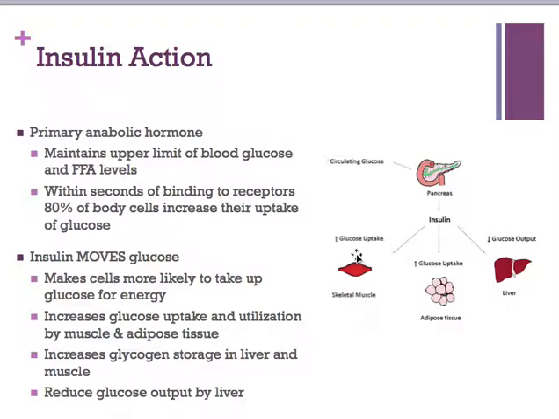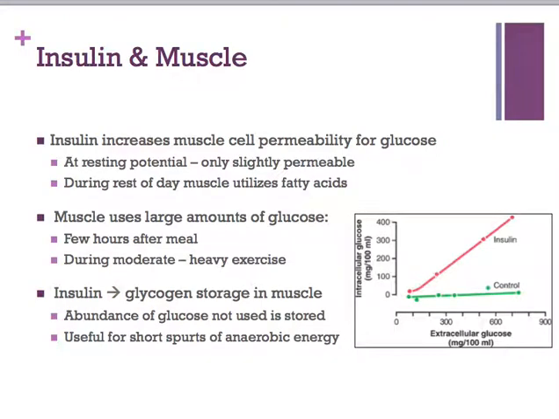However, they will not let the glucose in if insulin is not there first. So this is a dual binding interaction where you need to have insulin bind for glucose transporters to open. That is important. It moves glucose. Without insulin, you will not have glucose enter muscle, adipose, or liver hepatic cells.